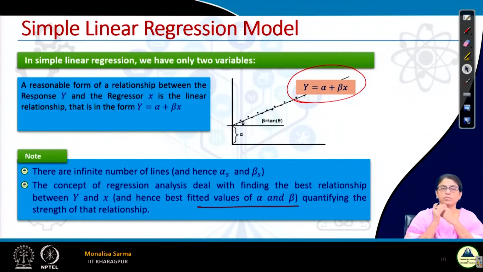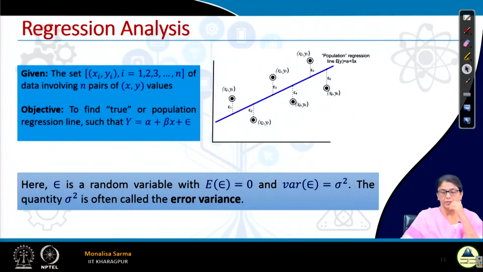Best line means the best fitted values of alpha and beta, and that also quantifies the strength of that relationship. So that is the main objective of regression analysis. You have to find out the best relationship between this y and x. That means we have to find out the values of alpha and beta, that is the parameters. Alpha and beta are the parameters. Okay.